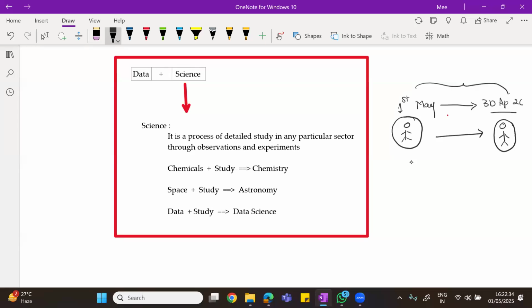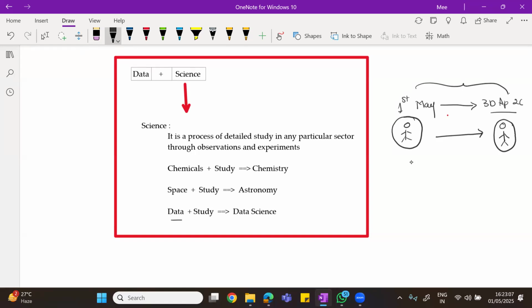Because you are doing a study. Because of that study, you gain a lot of knowledge on chemicals, right? When you do a detailed study, you will get the knowledge. When you do a detailed study on space, obviously you're going to get the knowledge. When you are doing a detailed study on data, what are you going to get? Obviously, the knowledge. Simple.